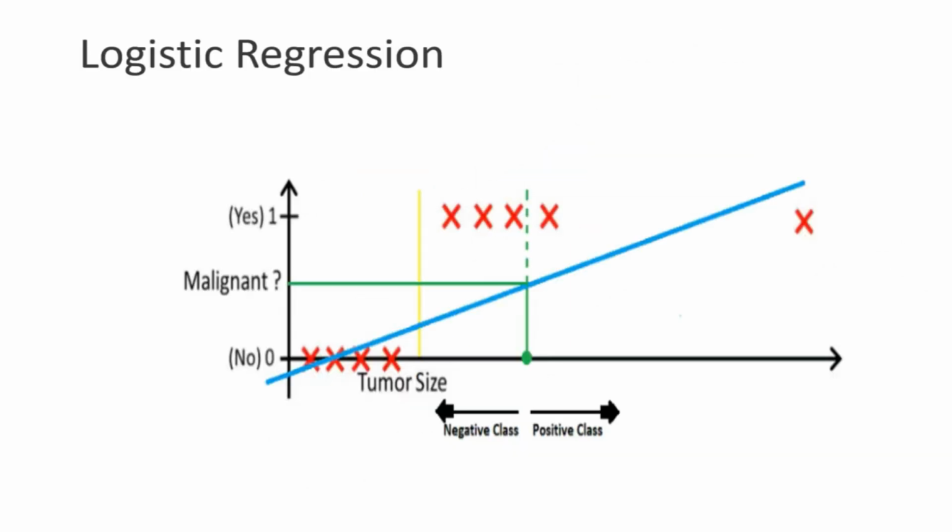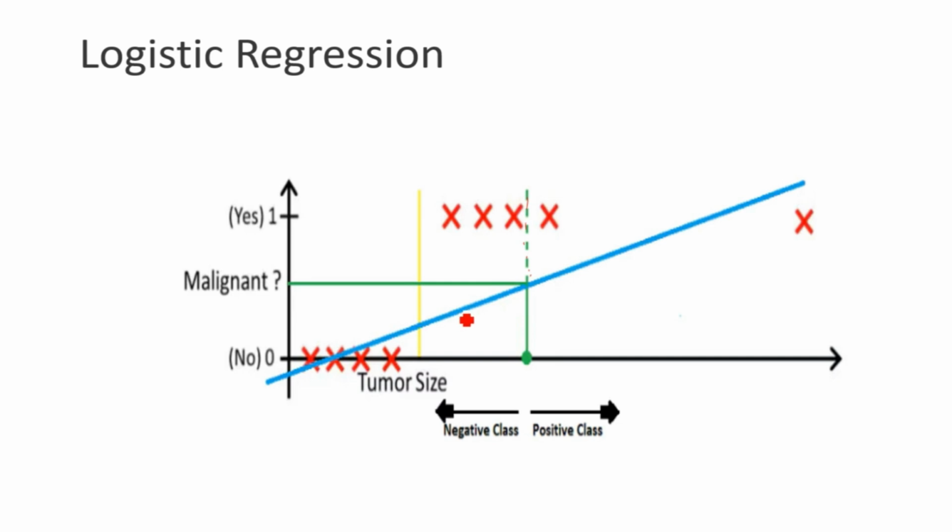Even if it fits the best fit regression line, we won't be able to determine any point where we can distinguish classes. It will insert some instances from the positive class into the negative class. Here the green dotted line, which I specified previously, separates the malignant and benign tumor.